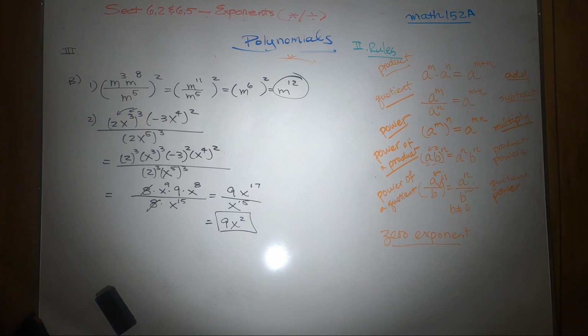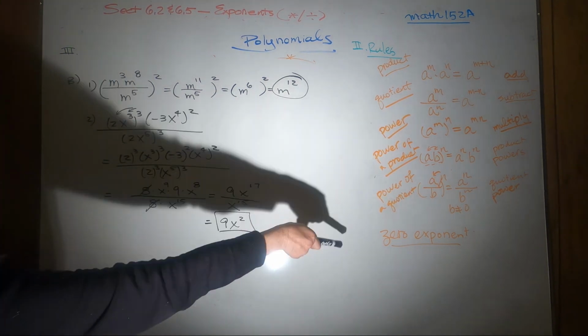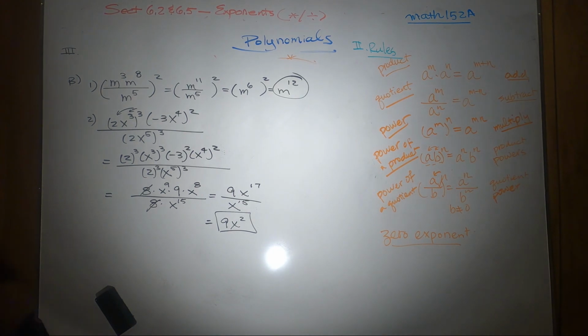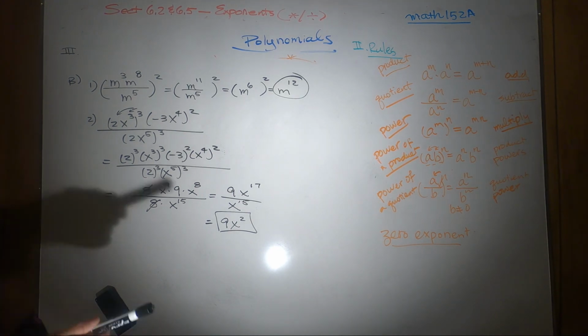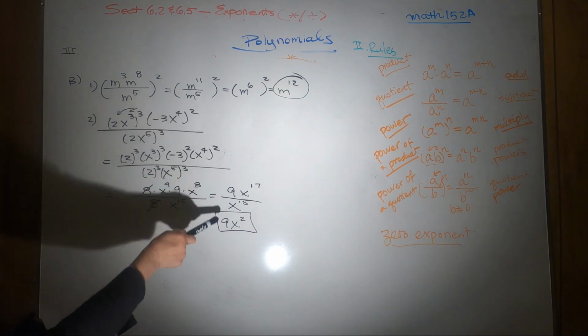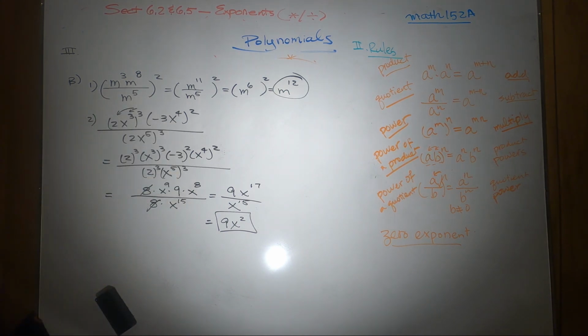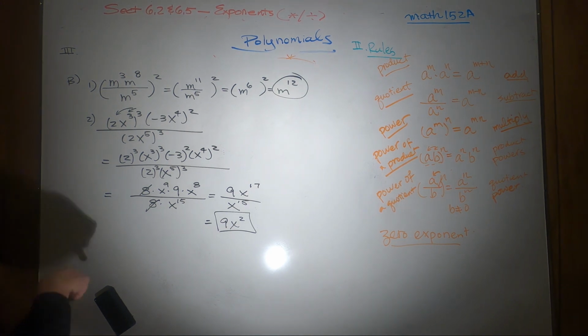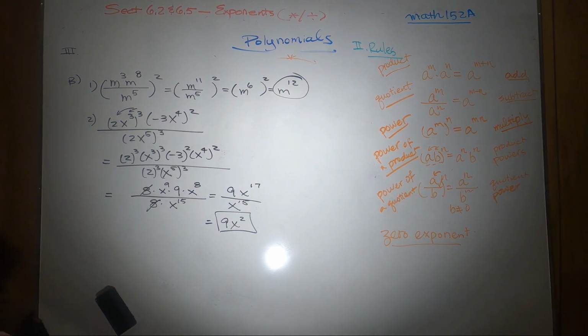The base with the power, right? How do they work together? Or with all the multiplication and division, how do we consolidate them to write as simply as possible? Okay, so that would be the exponents we are talking about for sections 6.2 and 6.5.